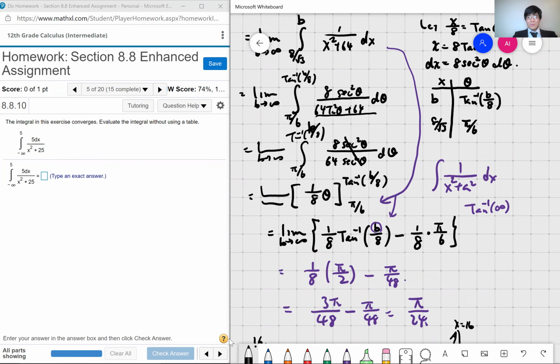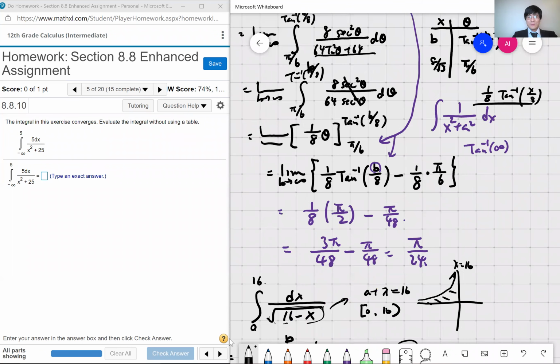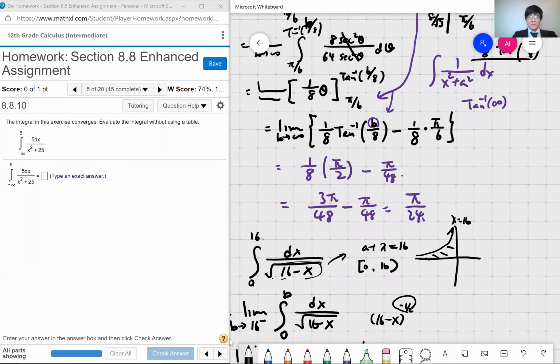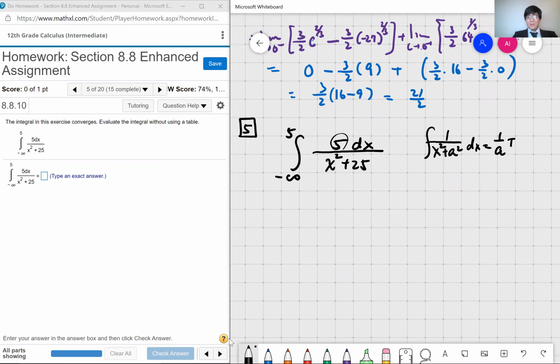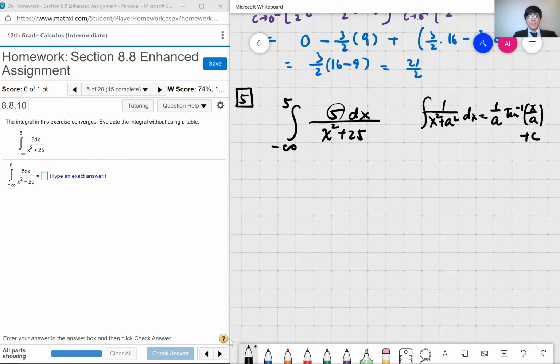So the formula says 1/a inverse tangent of x over a plus c. So let's use this formula this time to save time.